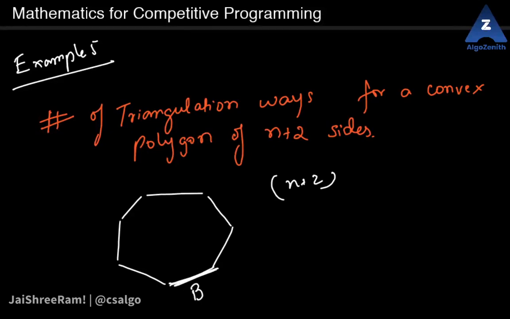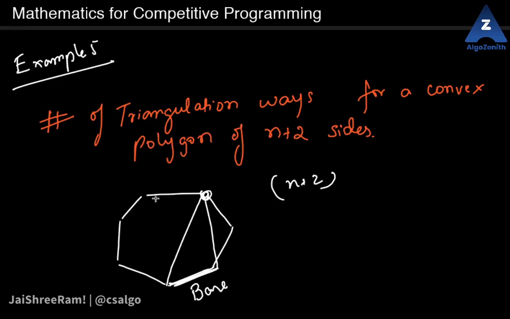So one of the triangles must have this particular side as the base, right? So let's say that triangle chose this particular side of the polygon, and then this basically takes this triangle into account and divides the two of its halves into two separate problems: how many solutions are there for this and how many solutions are there for this.